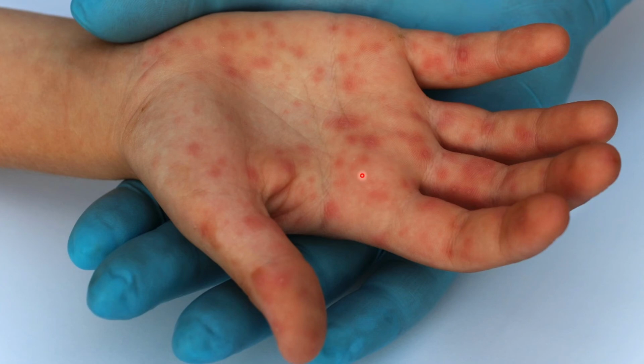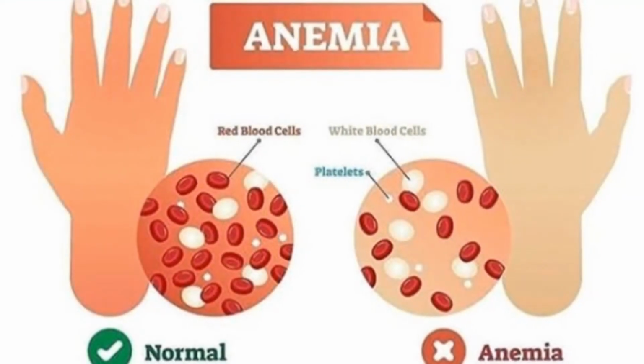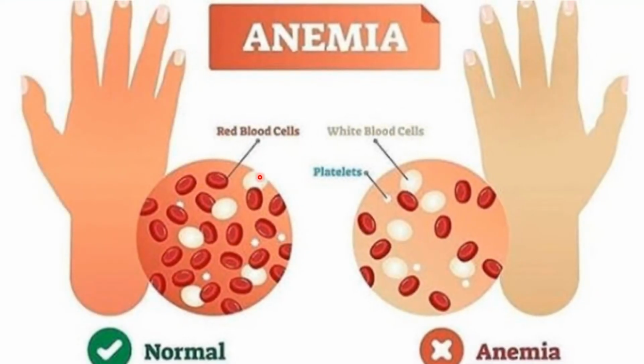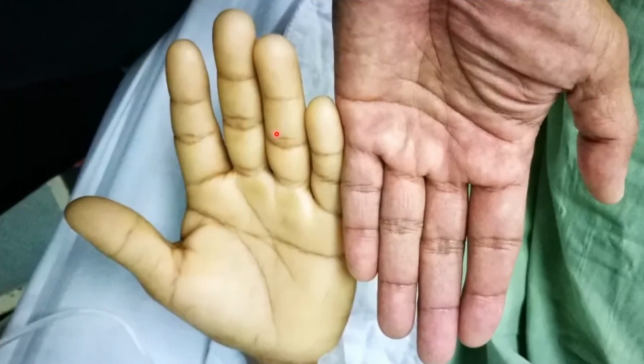This disease is beriberi, and that is a skin disease. And this is anemia. This is a normal hand and an anemia affected hand. See the difference?